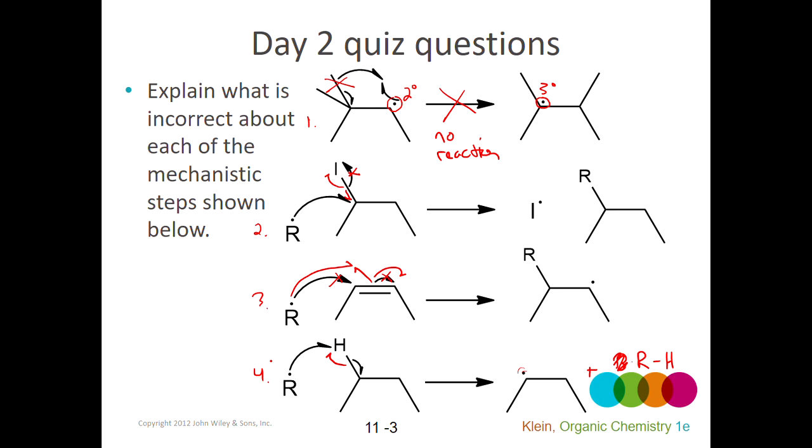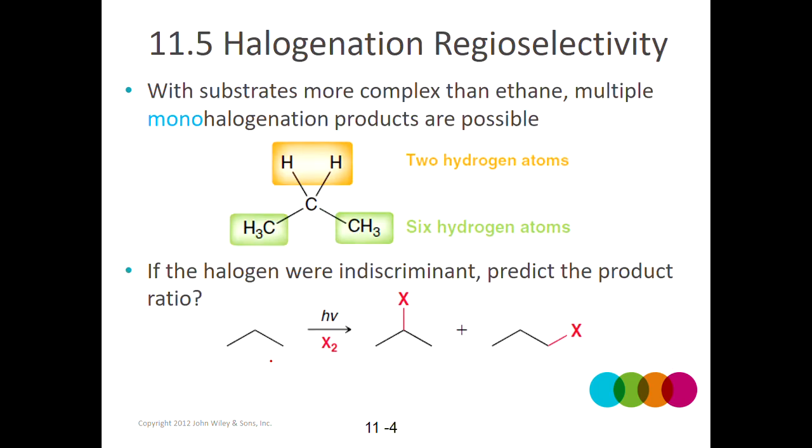All right, so let's delve into some newer content here. So we'll pick up where we left off last time, talking about regioselectivity. So initially last time we were talking about methane. There aren't any regioselectivity issues when it comes to methane because all 4 hydrogens are equivalent.